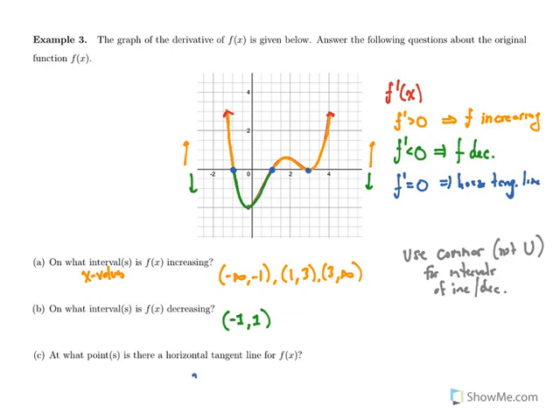So that's going to be at x equals -1, 1, and 3. So it takes some practice to get used to going back and forth. Here we're looking at above and below the x-axis to figure out increasing, decreasing, instead of finding the intervals where it's increasing, decreasing, going backwards from the function of the derivative.